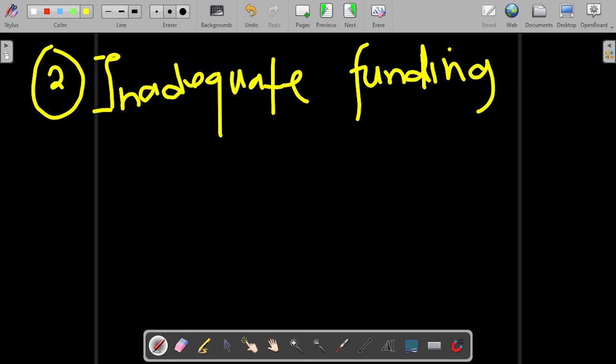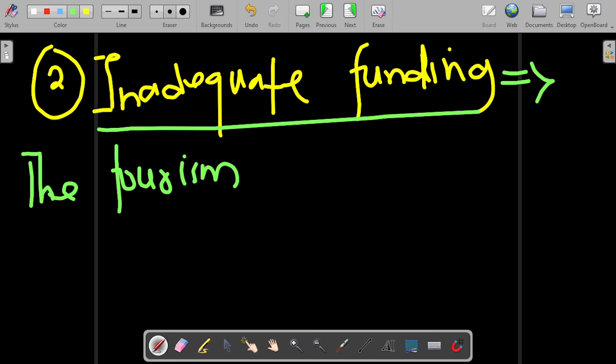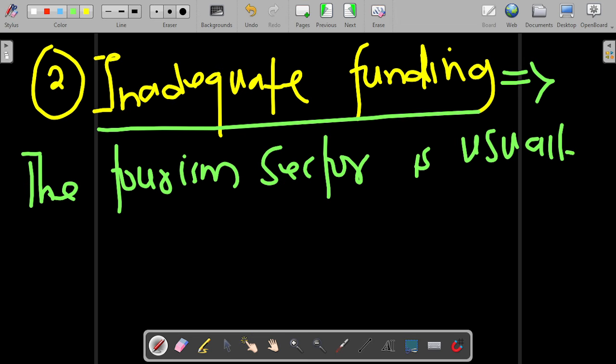That place is now a shadow of itself because of poor funding. The tourism sector is usually underfunded.